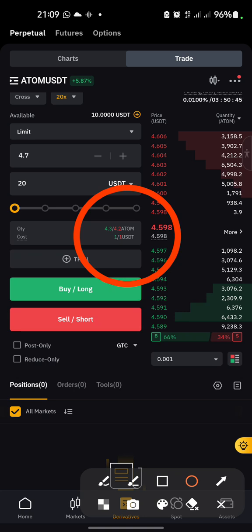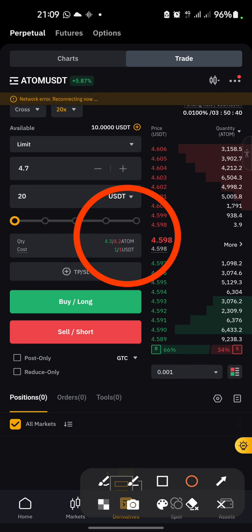Just for calculation's sake, we work with your USDT. As you can see, we have cost. You have your 1 USDT, which is 10% of your available capital. 10 over 10, you have your 1. That's the 1 you get to see here. But all thanks to the 20x, they multiply it and you have 20 USDT. You're basically trading with 20 USDT.